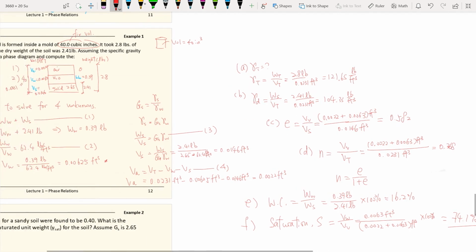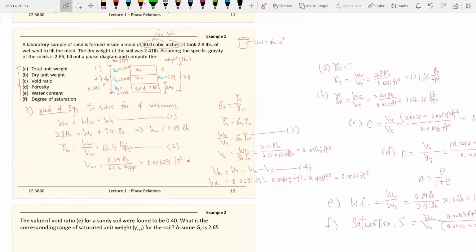So this solves the problem. And again, the key is setting up the phase diagram, finding all the unknowns. And after you have the correct phase diagram with the correct information, pretty much you are done. The rest of it is just plugging into simple equations.